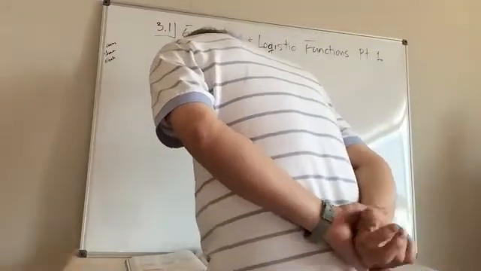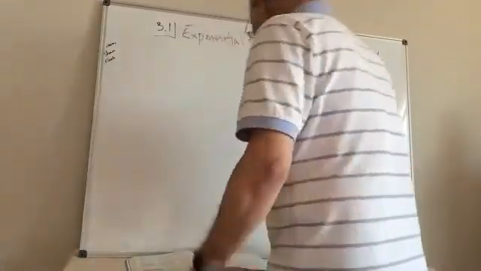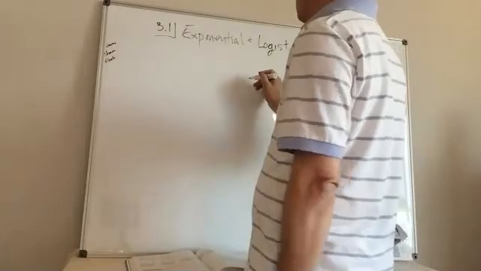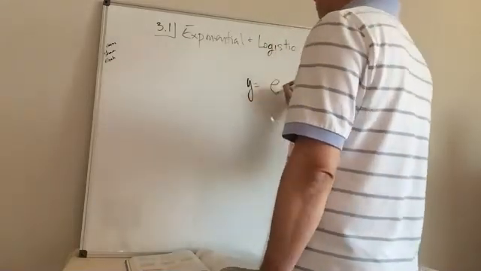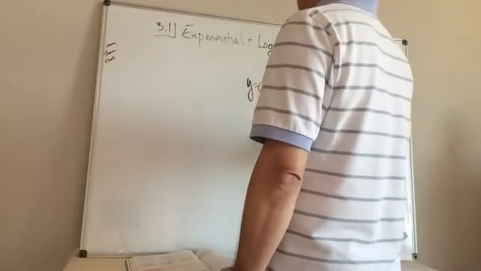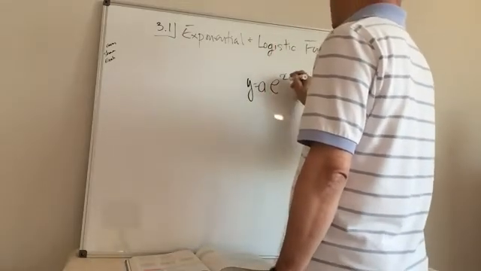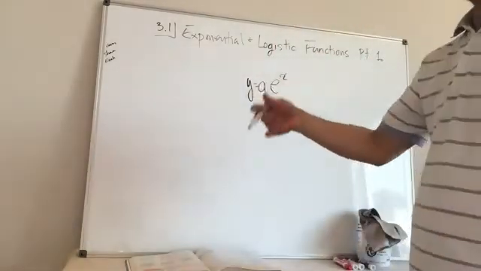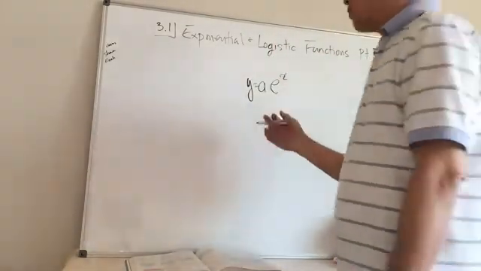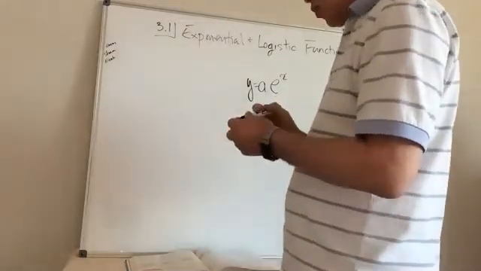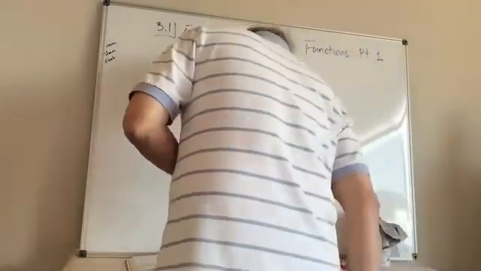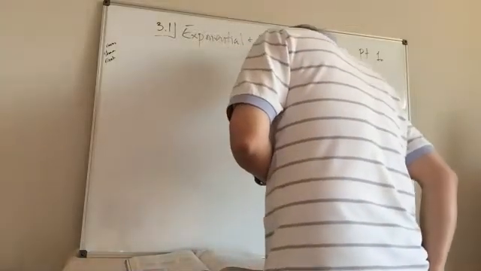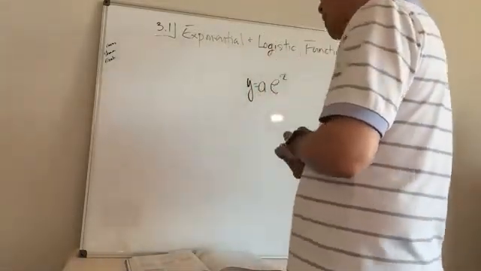Okay, so now we have the natural base e. The natural base e is a function that looks like a e to the x, right? This is a special kind of exponential function where the base is going to be e, okay? All right. On top of page 257, there is a definition of e.